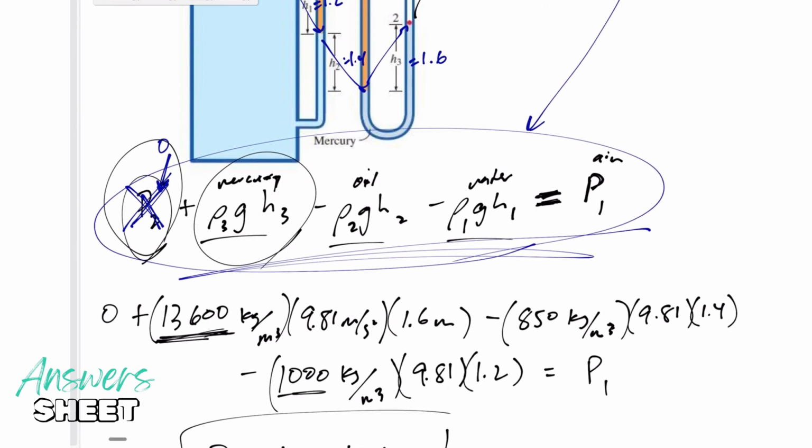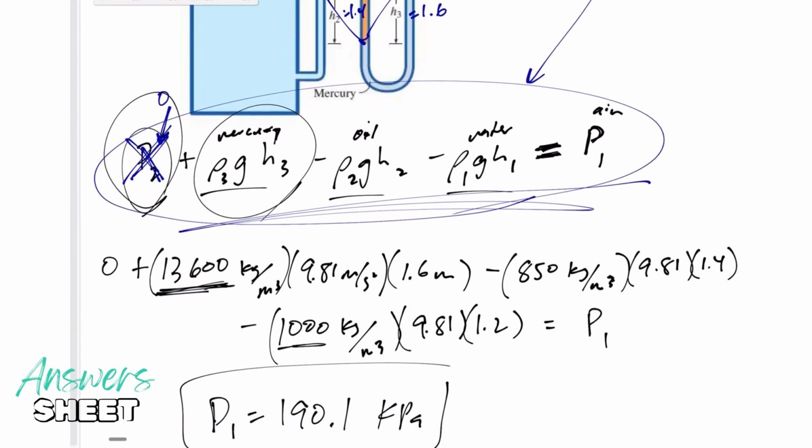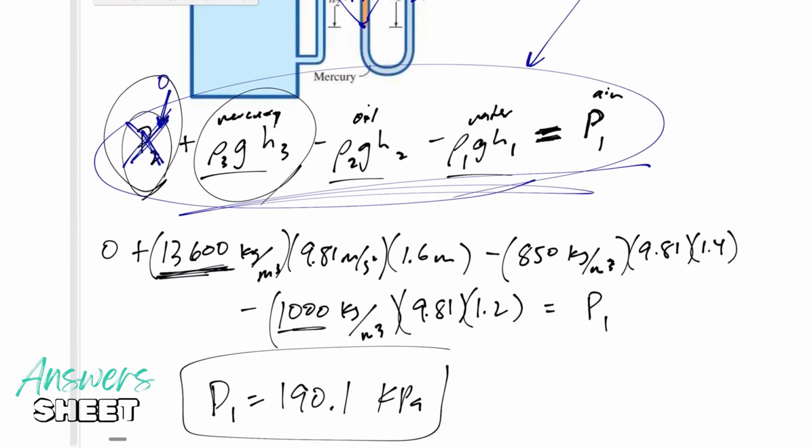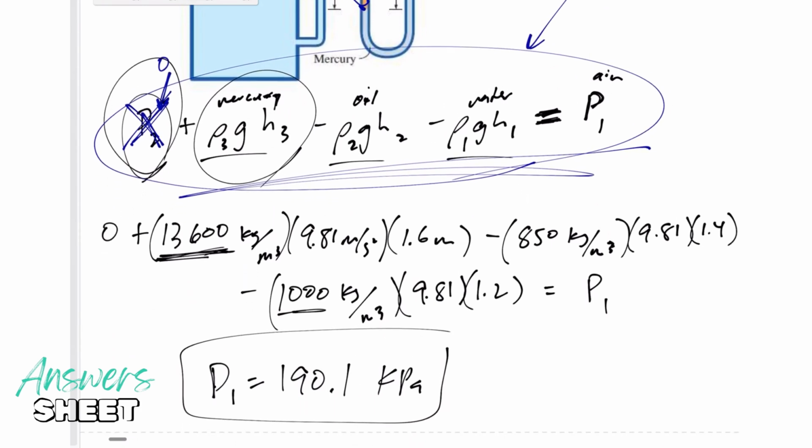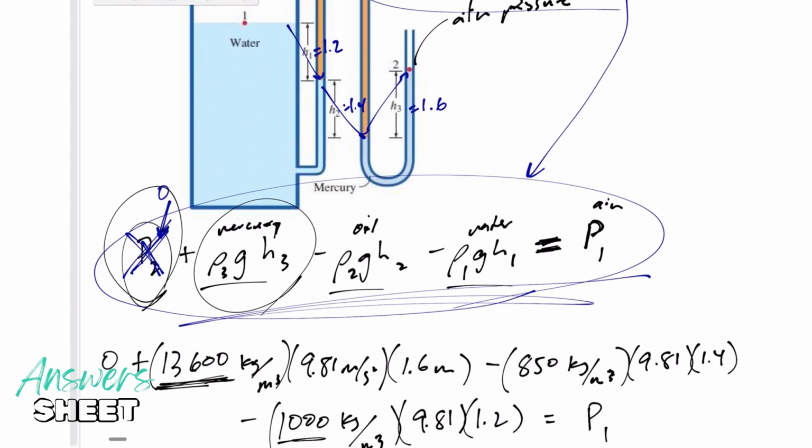Be careful with gauge pressure versus absolute pressure. Specific gravity. Things like that, and I think you'll be okay. Now, some of the most common mistakes is just adding when you should subtract, subtracting when you should add.